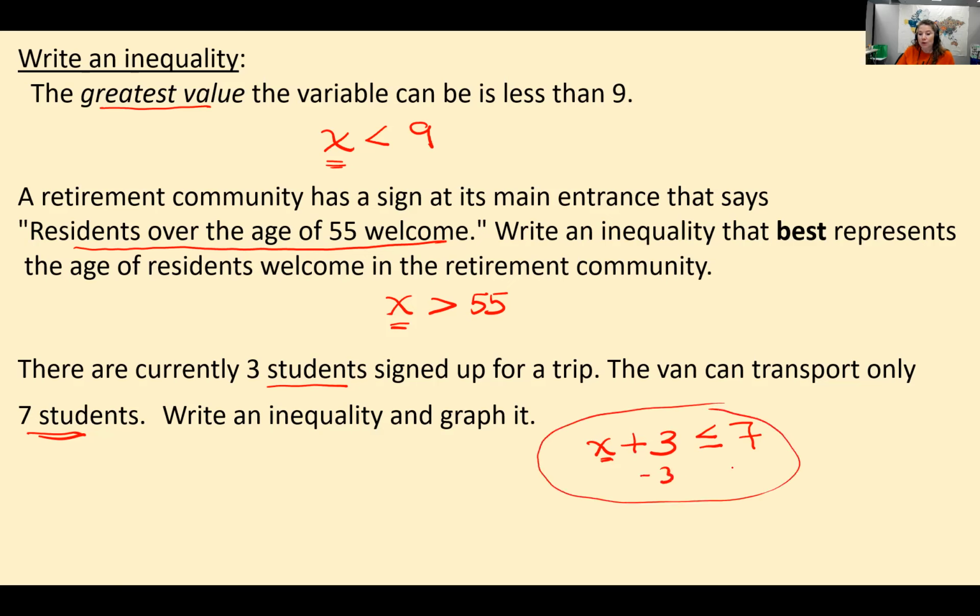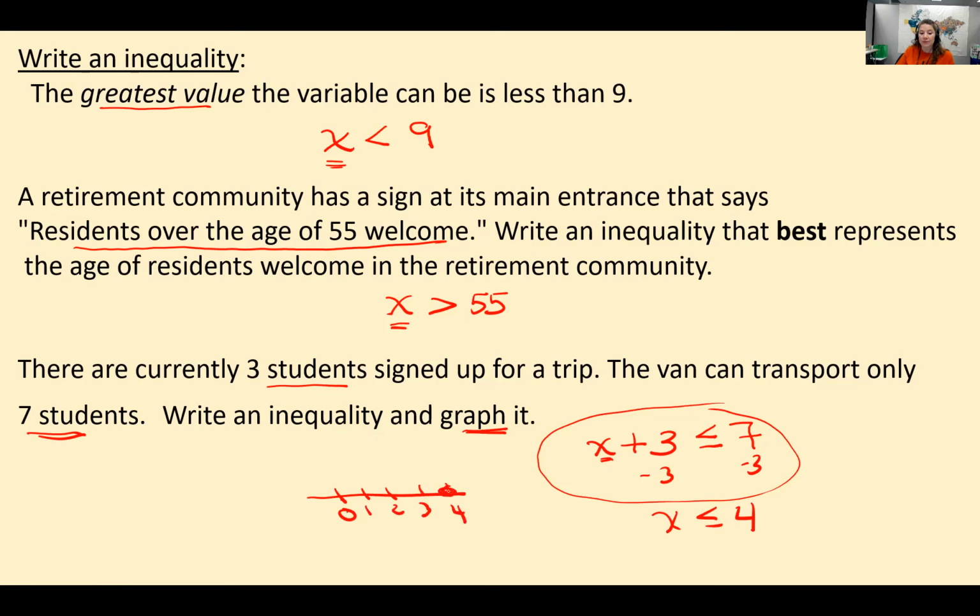So how many more students? It doesn't say we have to figure out how many more, but actually we do have to figure that out because we have to graph it. So if I subtract 3 from both sides, that means the number of students that can still sign up are 4 or less, because we already have 3 signed up.